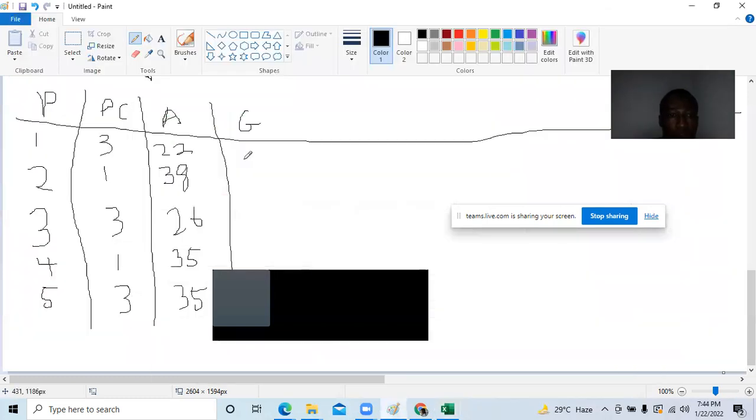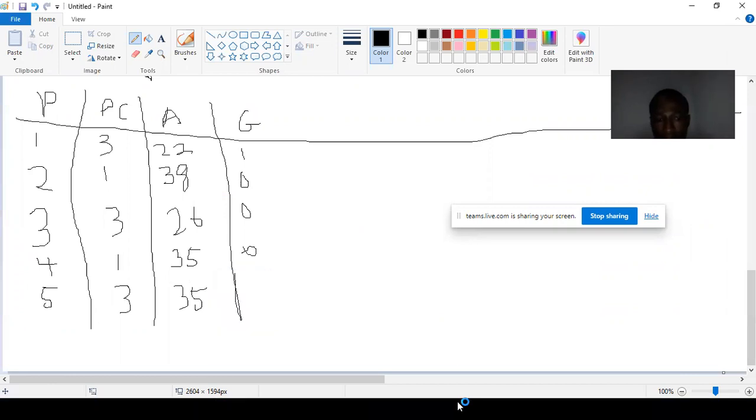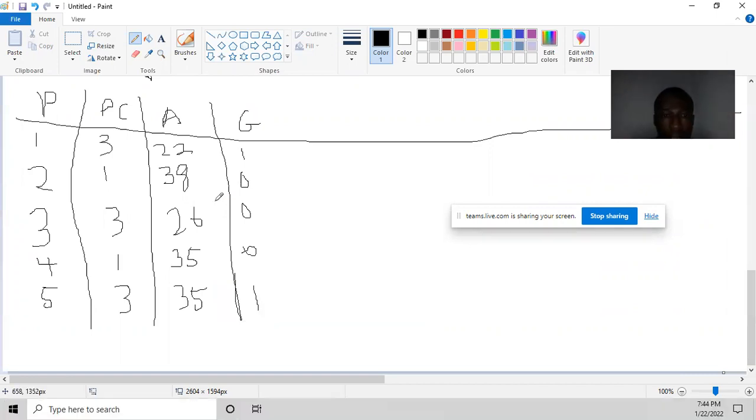So 1 is for male and 0 is for female, right?